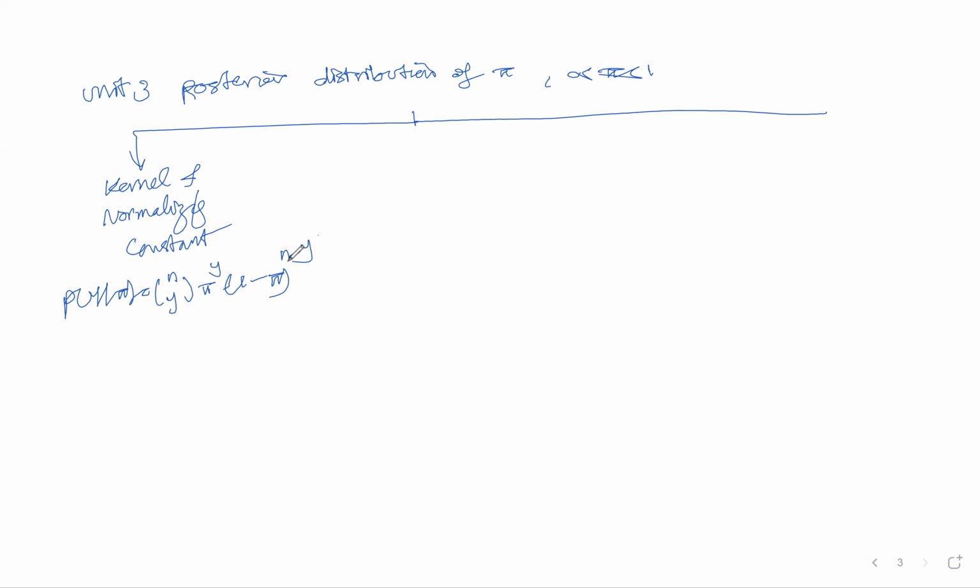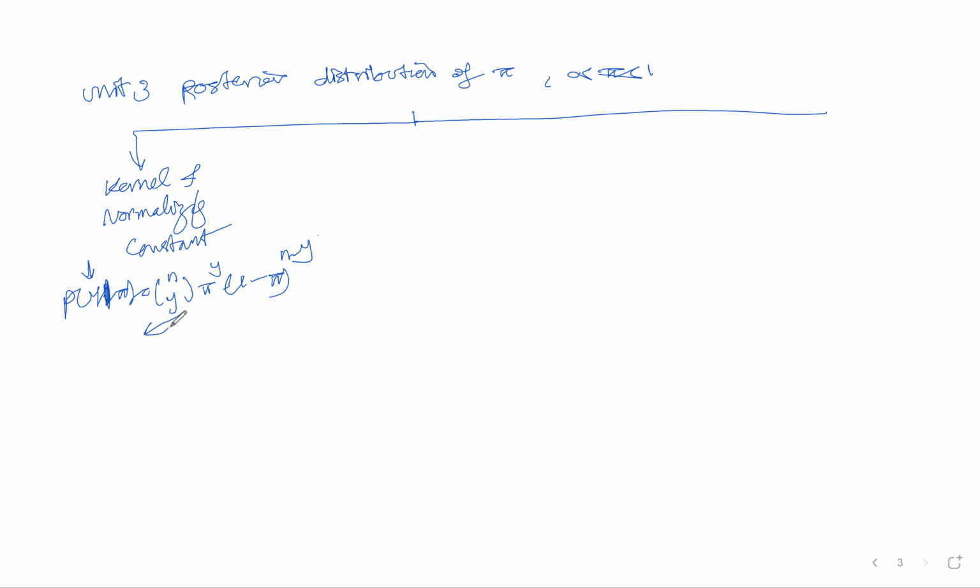What is the variable in this case? The variable is y. So this function is a function of y, assuming we know pi. Given pi, it means pi is known. Anything that is a function of y is part of the kernel. Anything that is not a function of y is part of the normalizing constant.